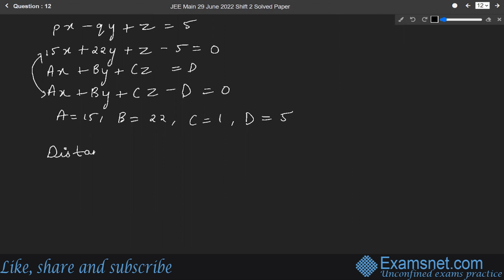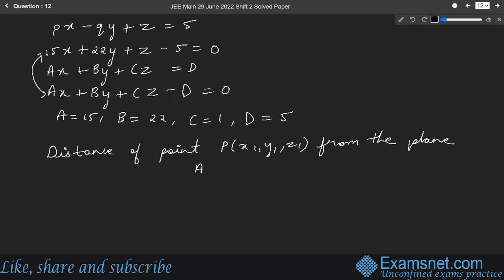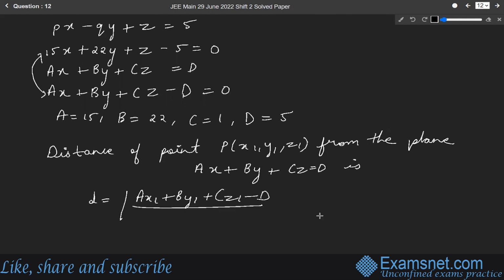Distance of a point. Let us consider the point as P, x1, y1 and z1, from the plane ax plus by plus cz is equal to d is always d is equal to mod of ax1 plus by1 plus cz1 minus d divided by under root of a square plus b square plus c square.